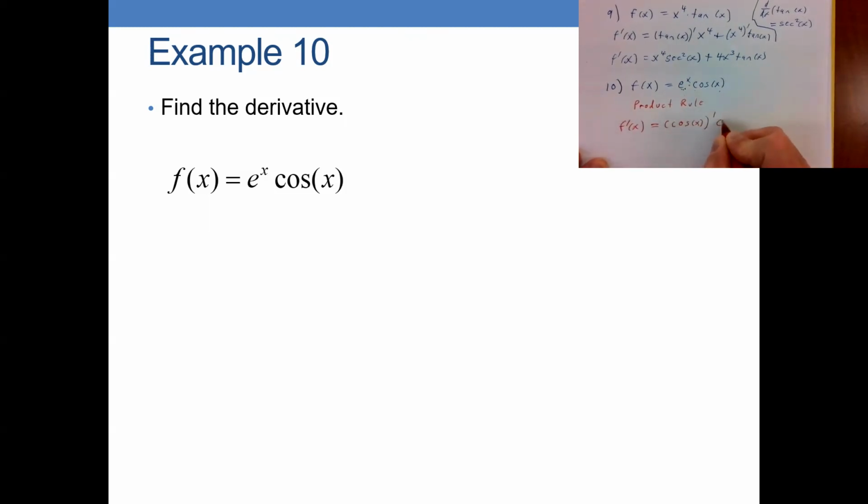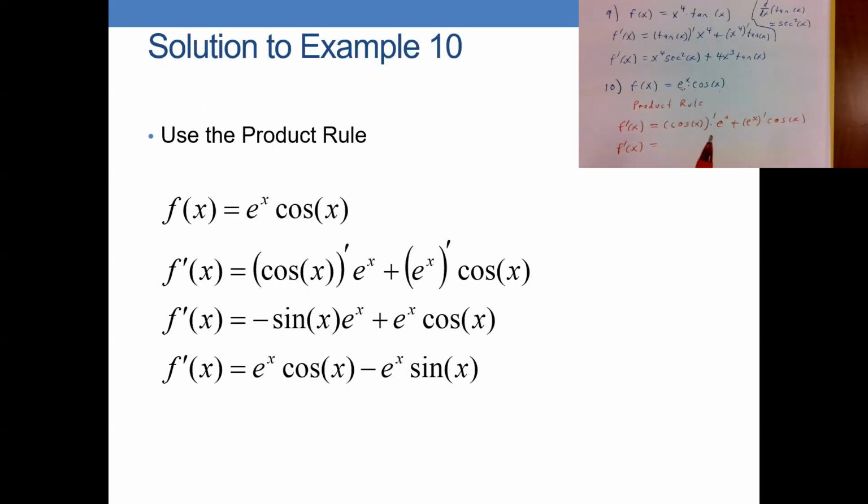So derivative of second times first, which will be e to the x, and then derivative of e to the x times cosine x. And the derivative of cosine is negative sine x, and the derivative of e to the x is just e to the x.